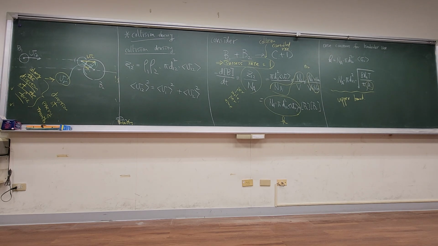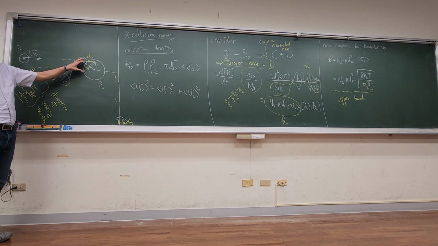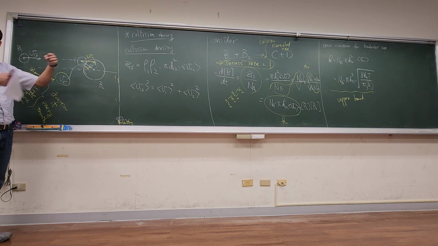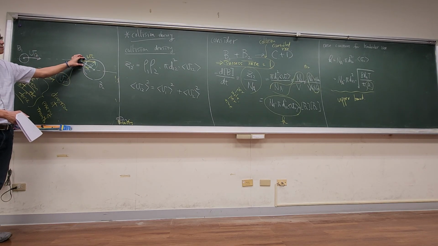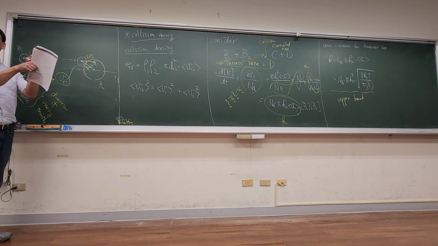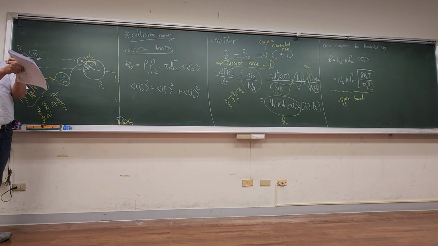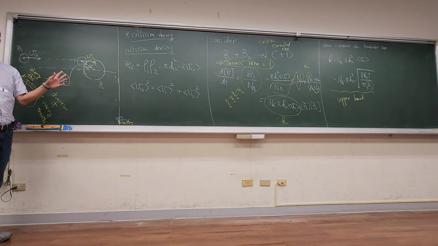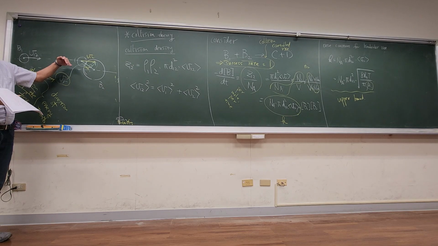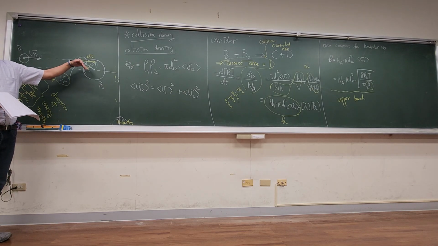Let me repeat this again. When they collide, there is a line along the center of the two spheres, and this is the direction of the force acting on this molecule and on this molecule, basically the force between them. Okay? Only hard sphere interaction. So this is the direction in which energy can be transferred into the molecule.